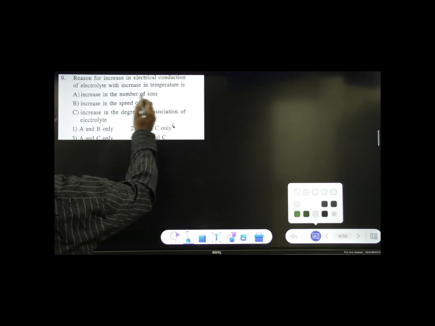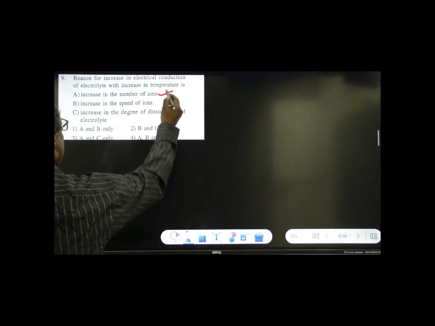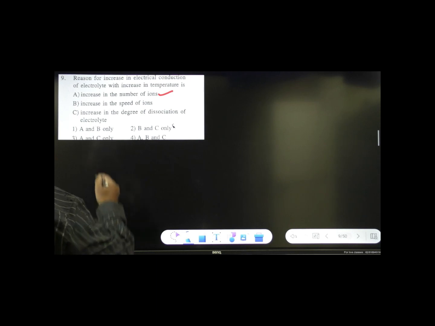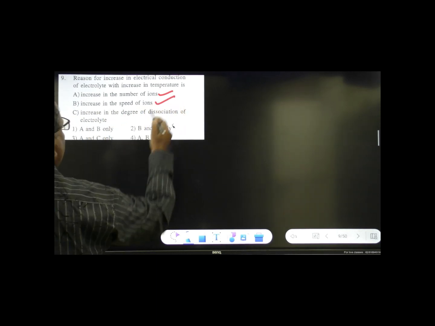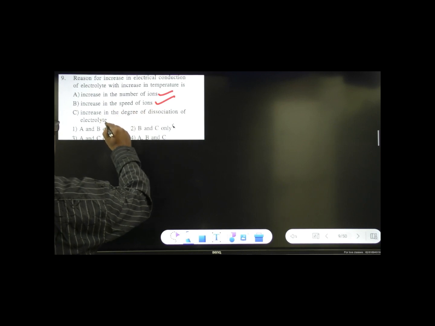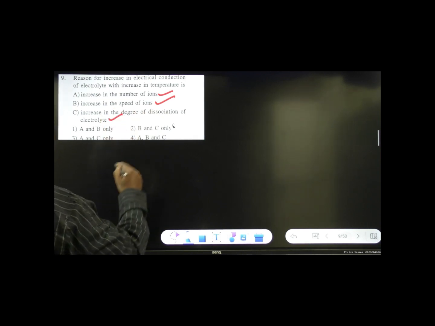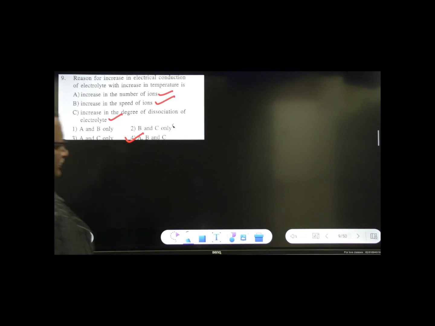So, here the options are: increase in the number of ions, because when ionization increases, the number of ions also increases. Increase in the speed of ions, yes, when temperature is increased, kinetic energy increases, so velocity also increases. Increase in the degree of dissociation of electrolyte. So, all three options are correct. So, the fourth option is correct.